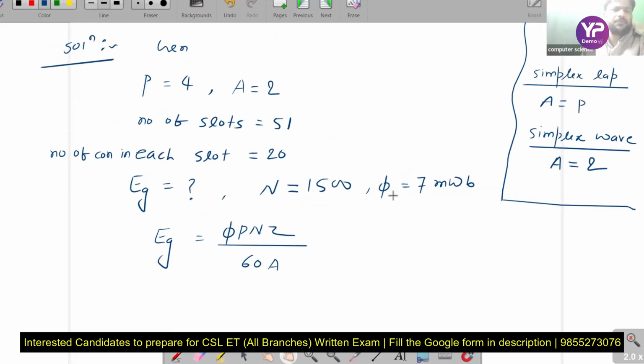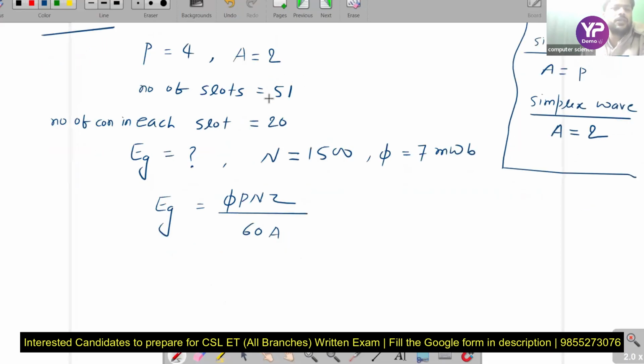Here phi, P and N are mentioned, and A is also mentioned, but Z is not mentioned. To find Z, the total number of slots in the armature is 51 and each slot contains 20 conductors.